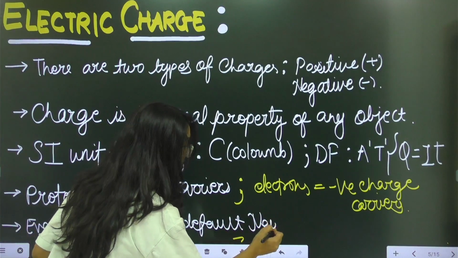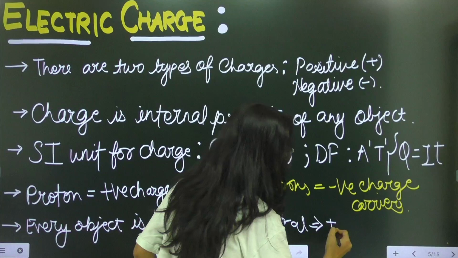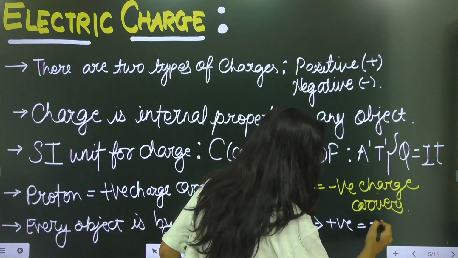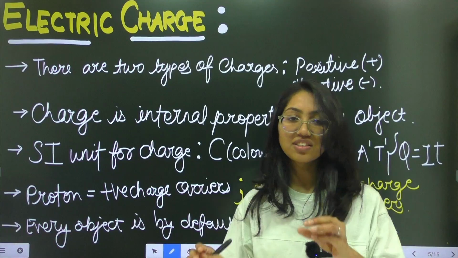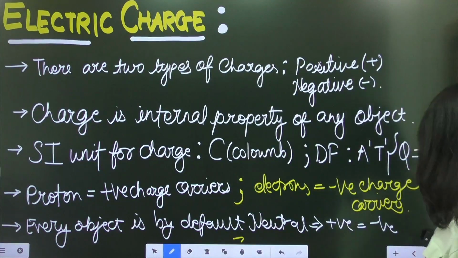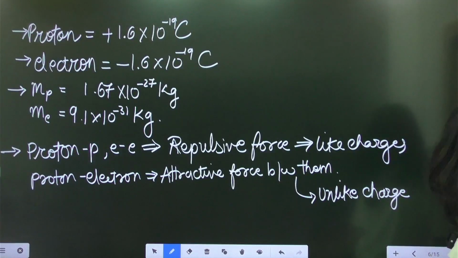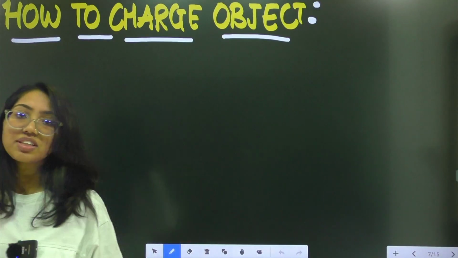What does neutral mean? Positive charge equals negative charge. There are positive charges and negative charges, the same amount in any body, right? So any object is neutral by default.